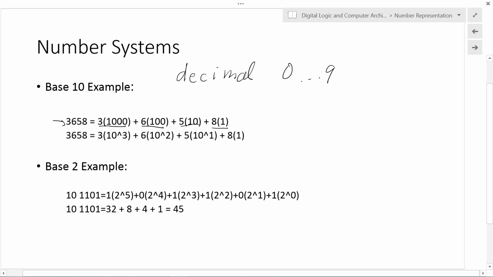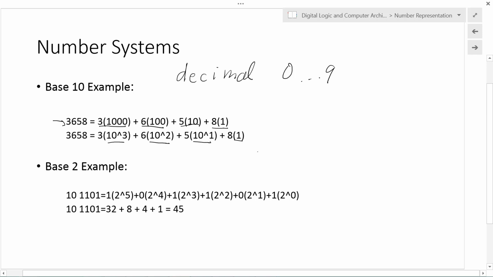Looking closely, 1,000 is 10 to the power of 3, 100 is 10 to the power of 2, 10 is 10 to the power of 1, and 8 times 1 is the same as 8 times 10 to the power of 0.